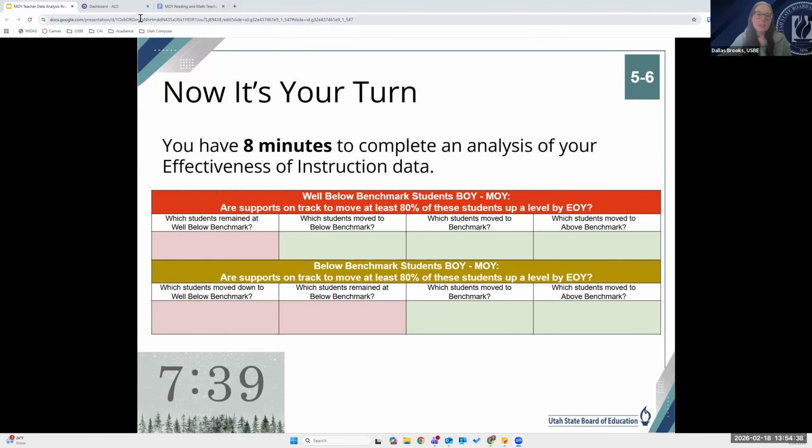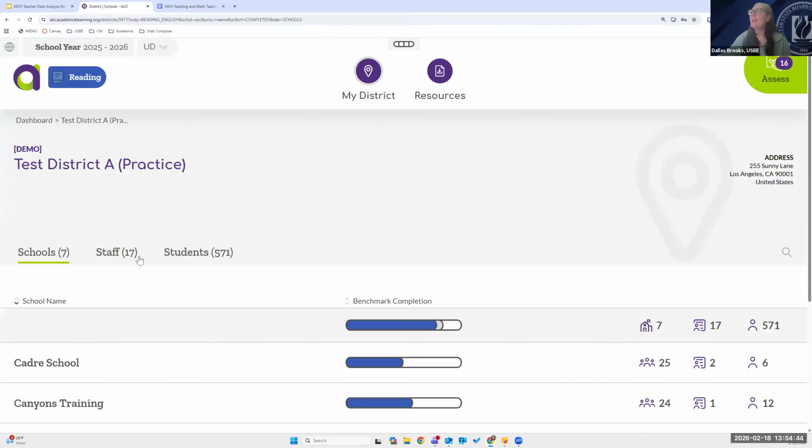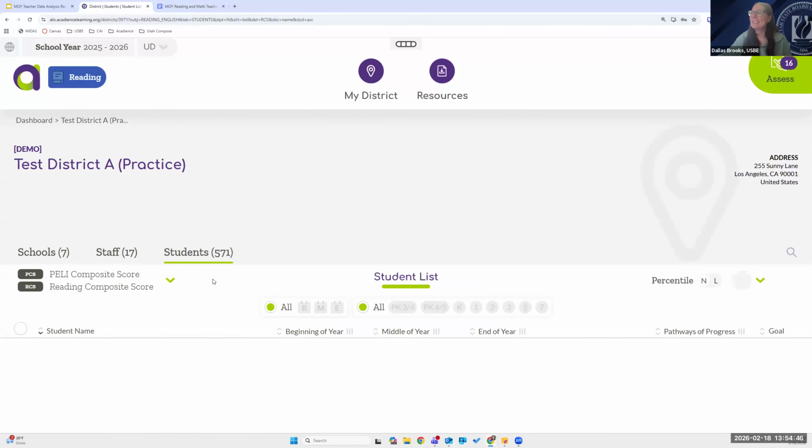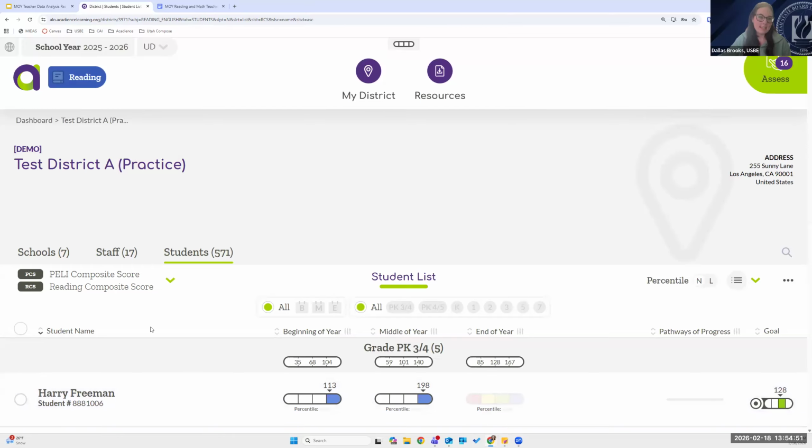So what you could do, Kelsey, is create a group of students. Let me see if I can remember how to do this. Because sometimes, so my guess, Kelsey, you have an ALO account, right? Yes, ma'am. Okay, so when you go in, you are going to have this students tab.